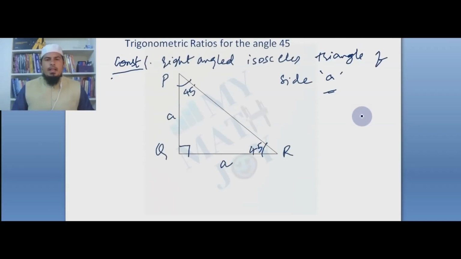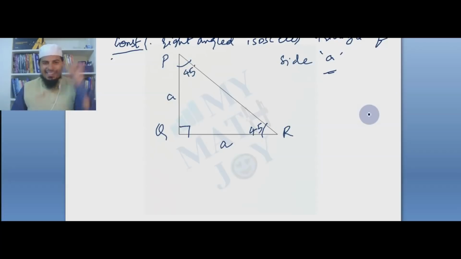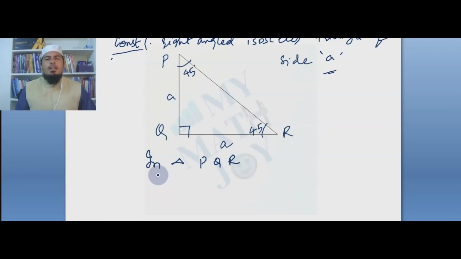Now in a right angle triangle I know two sides. Do I know the PR value? No. How can I find the PR value? Yes, Pythagoras theorem. So in triangle PQR, PR square is equal to PQ square plus QR square.